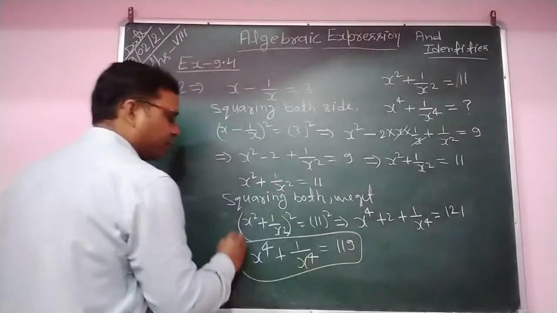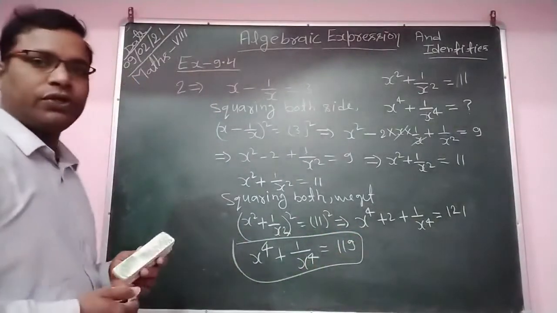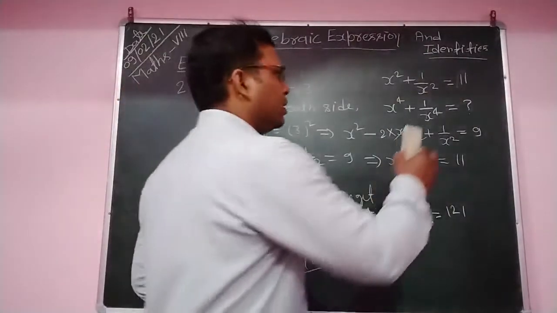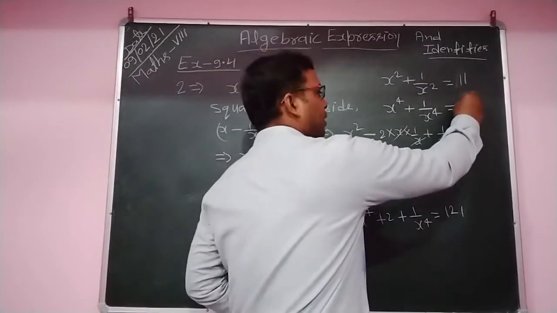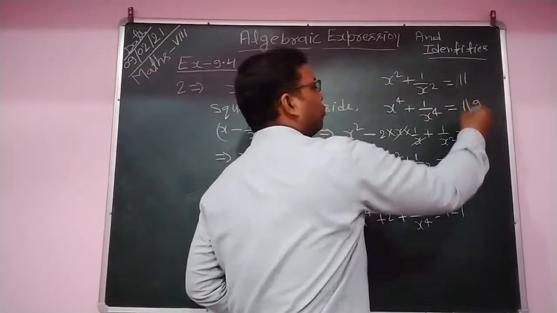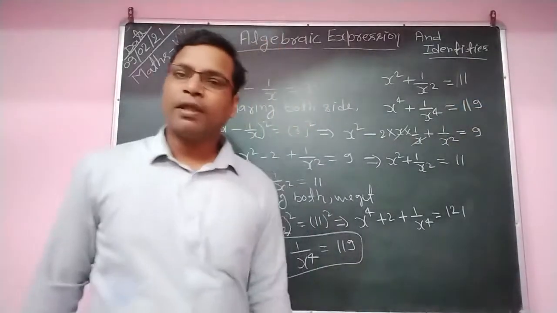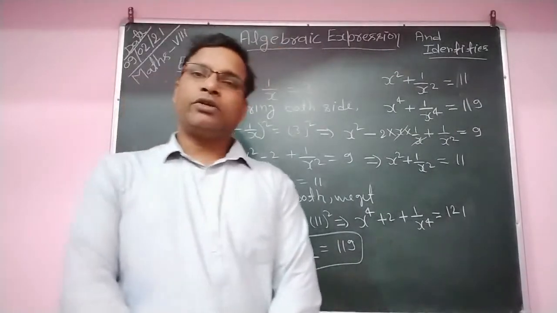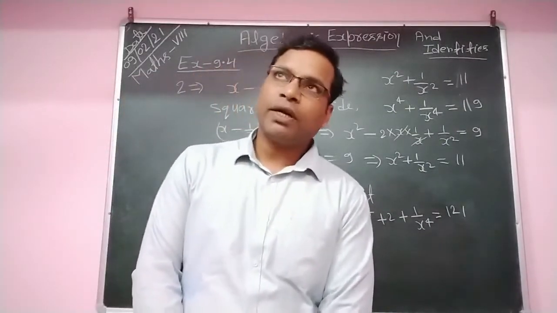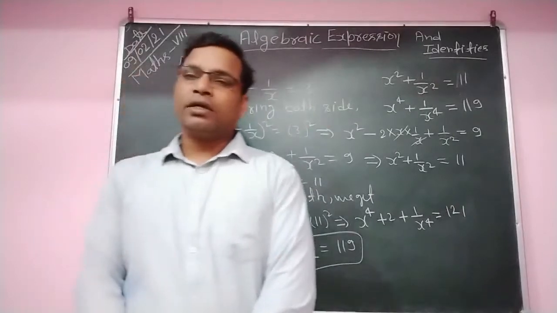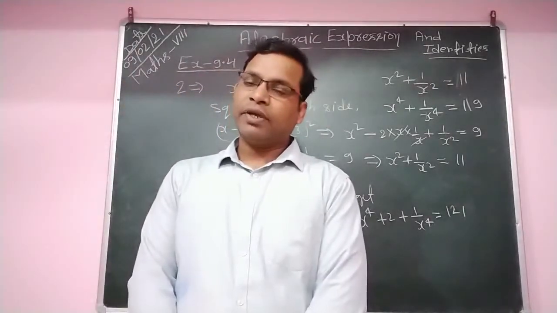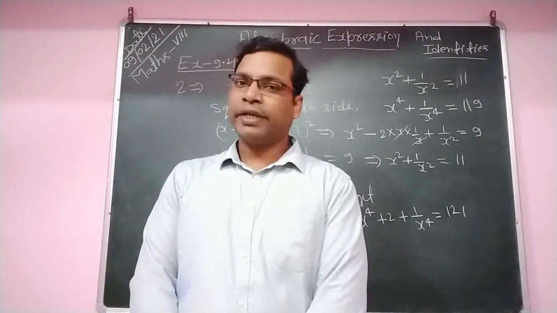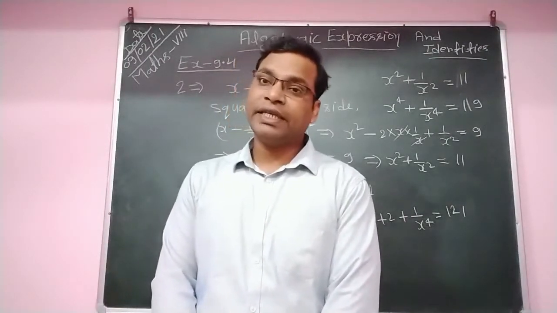This is clear? So I hope all of you understood these questions. So here you can write 119. This is the value of x to the power 4 plus 1 upon x to the power 4. Suppose you need to find x to the power 8 plus 1 upon x to the power 8 if x minus 1 upon x is equal to 3 is given.